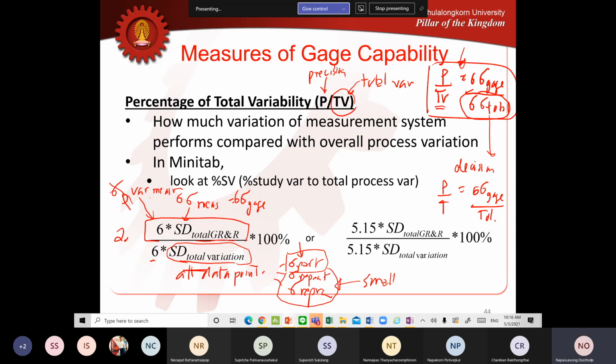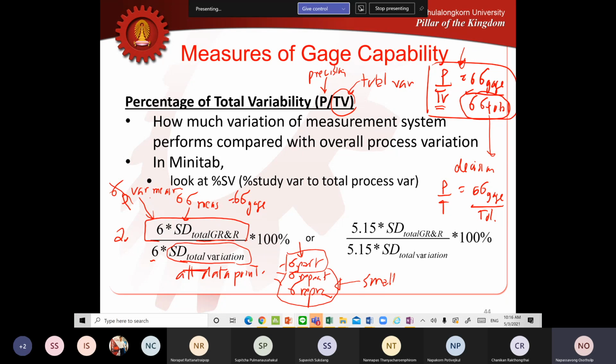And what is the maximum ratio that we accept? 10%. Good. We can use 10% or 20% or 30%, it depends on you.